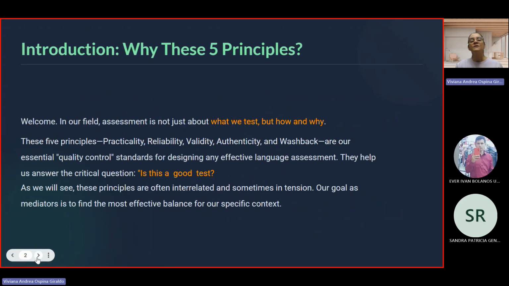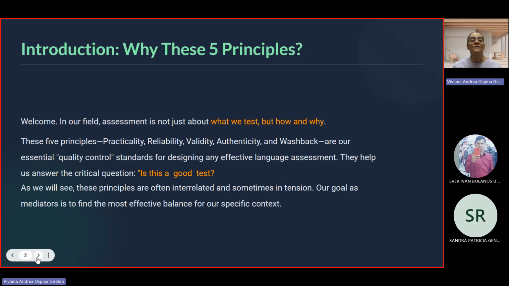Here, why do we have these 5 principles? I need you to think that in our field, assessment is not just about what we test, but how we test and why we test. So when we are testing our students, we need to consider what we want to do with them, how I want to do it, and why I am assessing students.